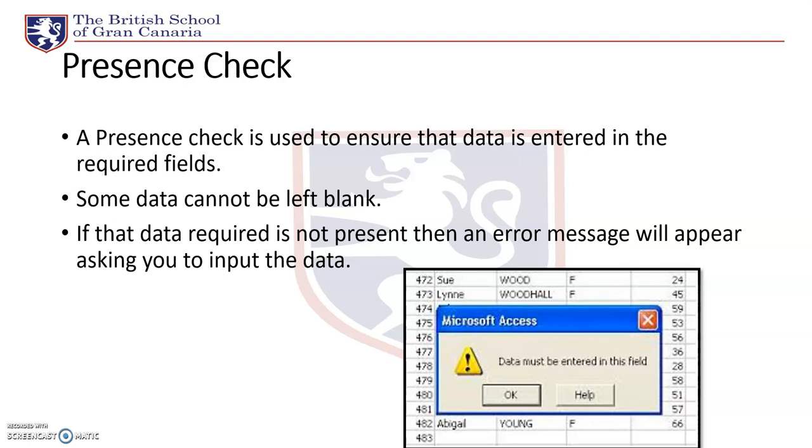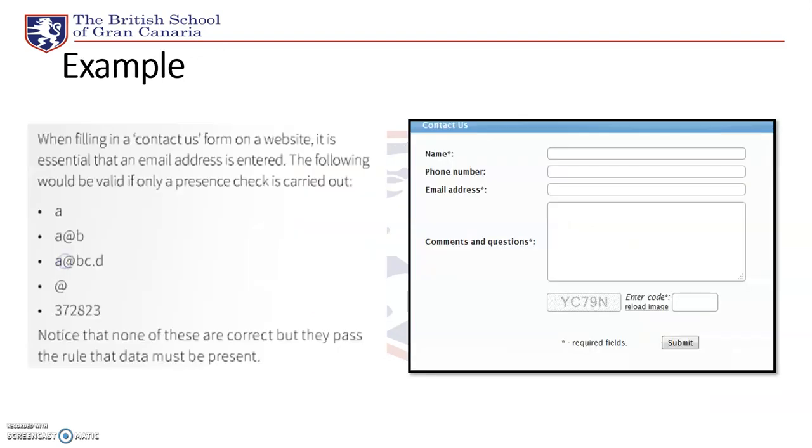Another example may be, if you're filling out an email address and you've got to have the @ symbol, they would check to see if that is present or not. So what they're checking for is whether data is present in those fields. Now, here's an example. You see these fields that have got the star right here?